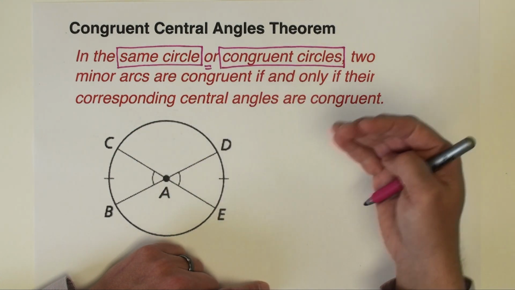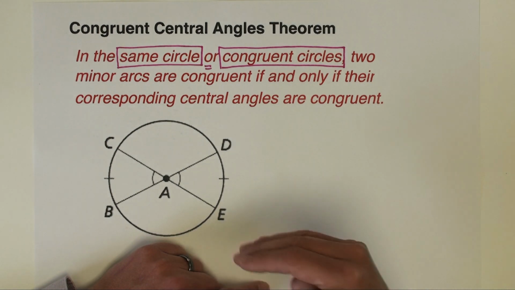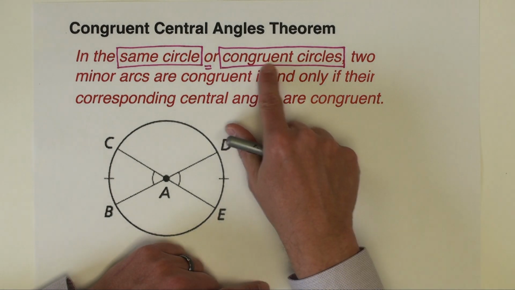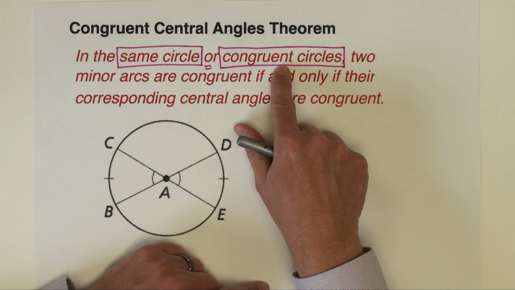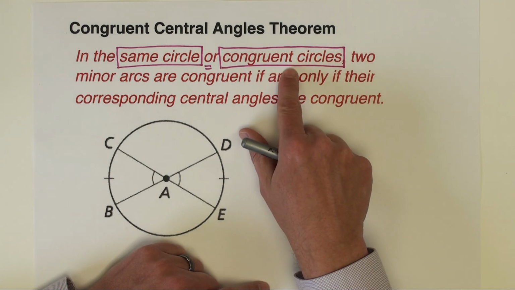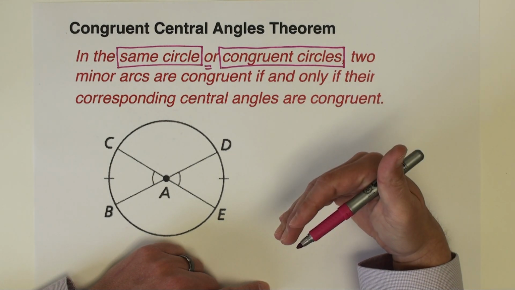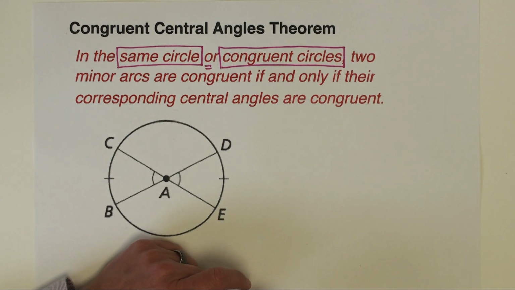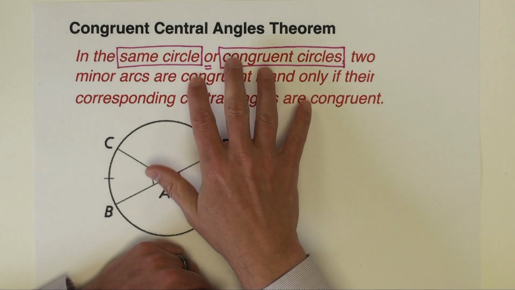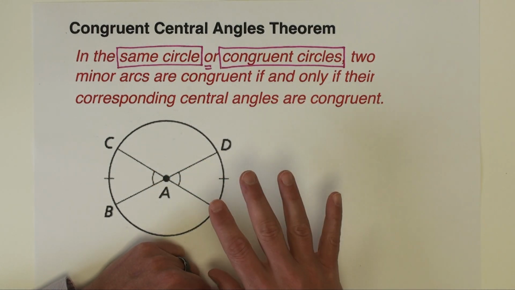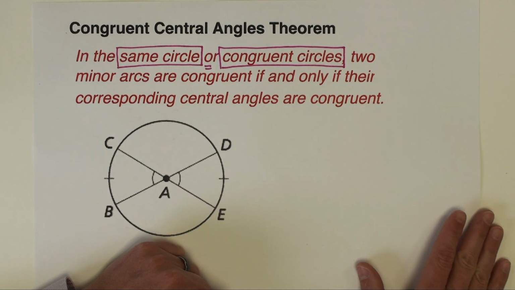If you think back to the slide we just came from, or rewind it and look at those circles, there were two different circles, but those circles were not congruent circles. One had a radius of 5 and the other had a radius of 4, and that's why those arcs were not congruent. All right, let's do a few examples on the next slide to illustrate this theorem and finalize what are congruent arcs, what are not congruent arcs, and why.